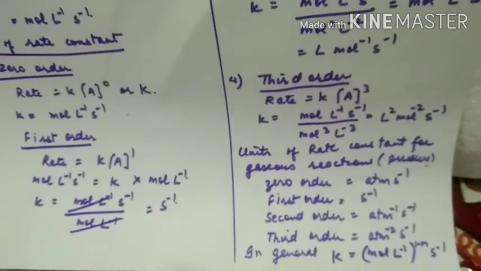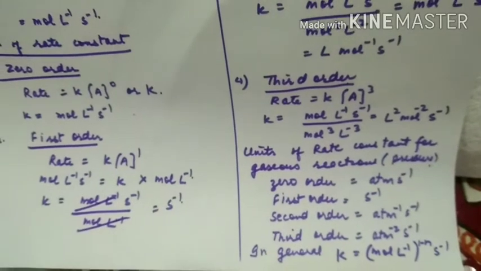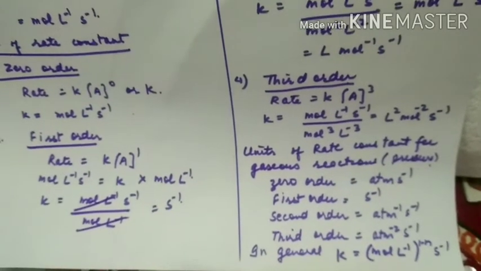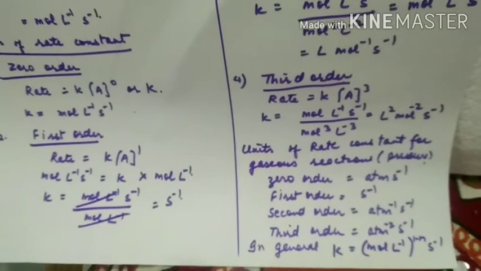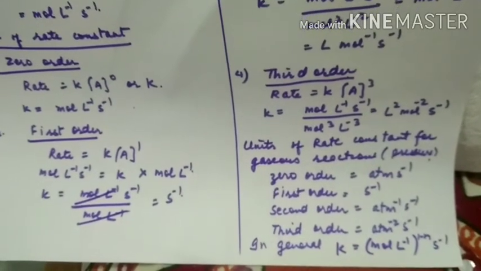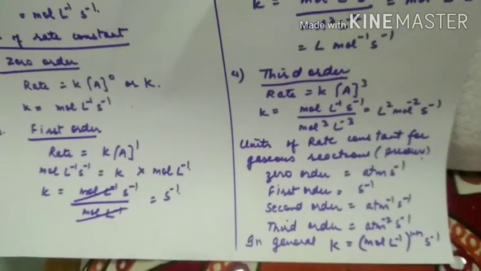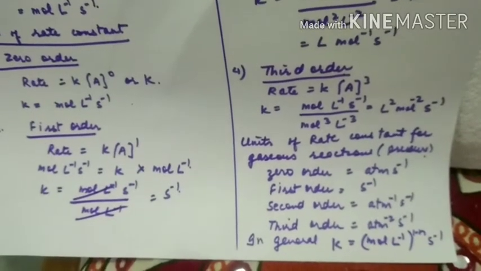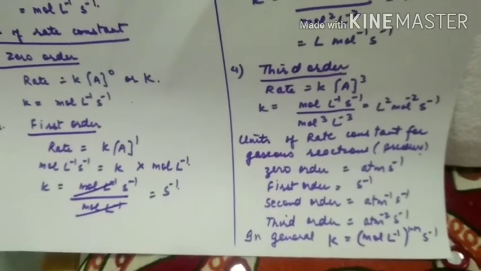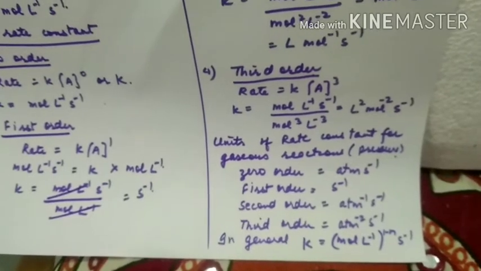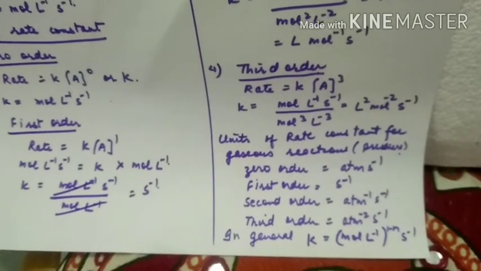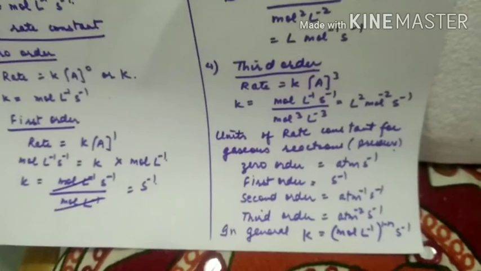In third order reaction, rate is equal to K into A raised to power 3. So units of rate upon units of concentration raised to power 3, we get mole, liter inverse, second inverse upon mole cube, liter raised to power minus 3. Solving we get liter square, mole raised to power minus 2, second raised to power minus 1.